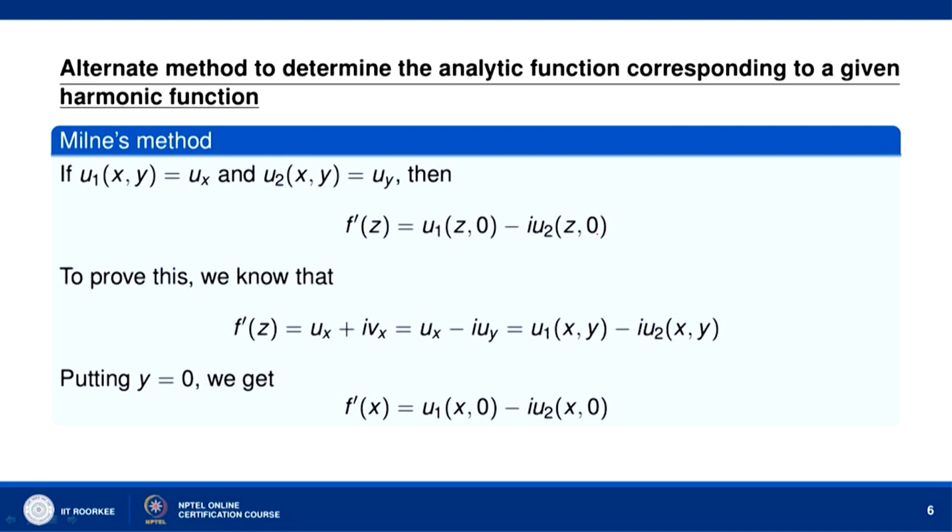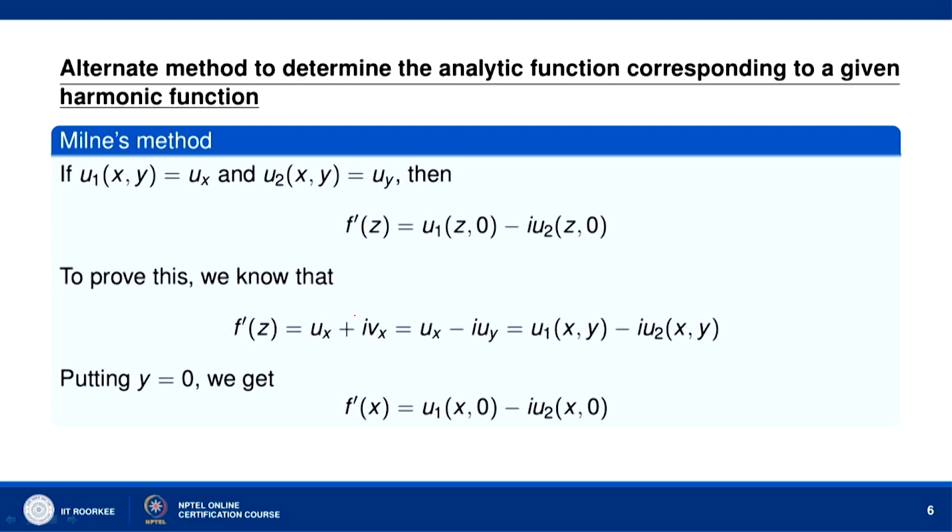Let us see how we get this. To prove this formula, we know from the theorem on Cauchy-Riemann equations that if f(z) is differentiable at a point z, then f'(z) is given by u_x plus i v_x.